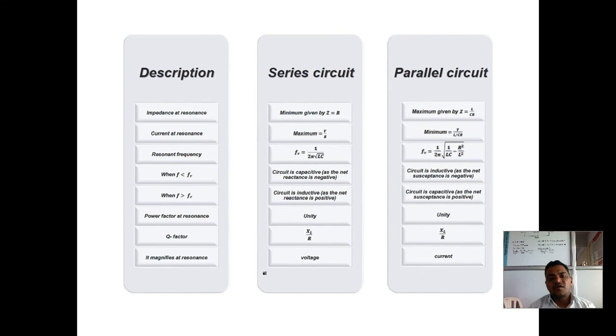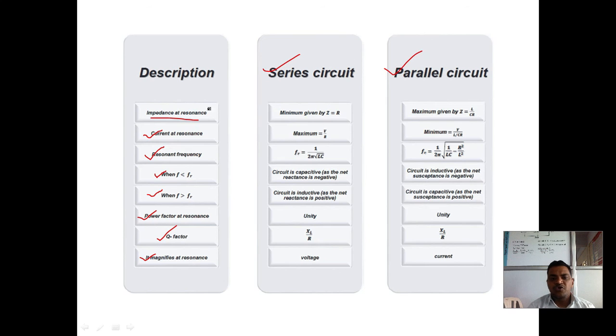In the description, we compare the series circuit and the parallel circuit based on the impedance at resonance, then the current at resonance, the resonant frequency, the case when the operating frequency is less than the resonant frequency, when it is greater than the resonant frequency, power factor, quality factor, and magnification at resonance. Based on all these parameters, we compare the series circuit and the parallel circuit.